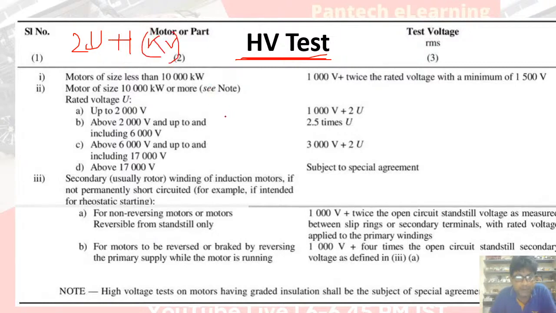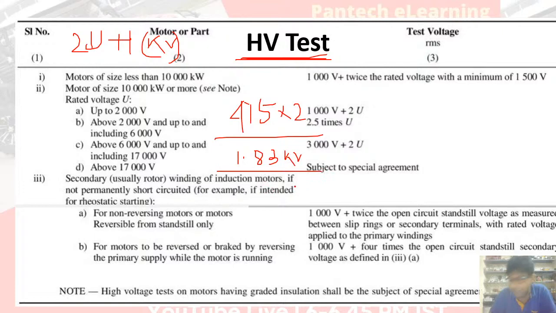And this will be applied for 1 minute. Say my motor voltage is 415. So 415 into 2, that is 830, so 1.83 kilovolt will be applied for 1 minute, and there should not be any leakage.